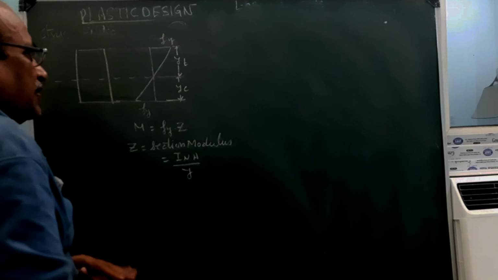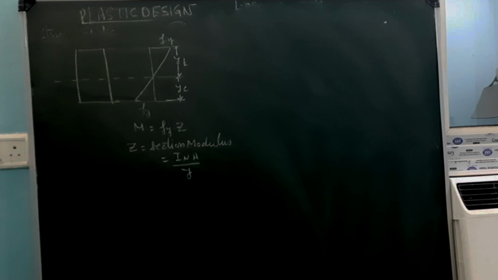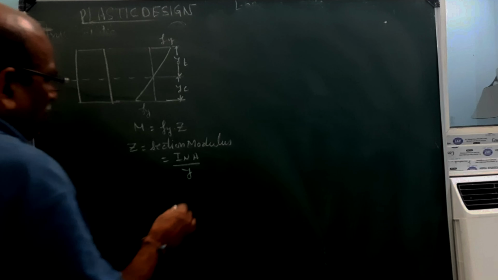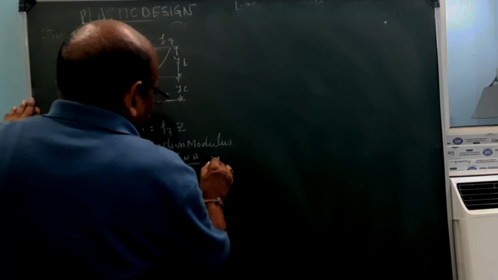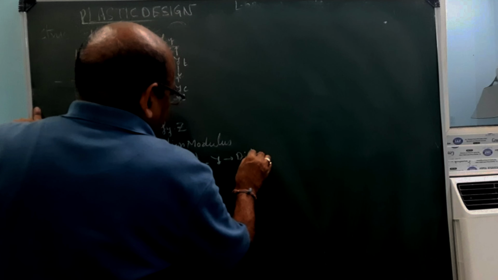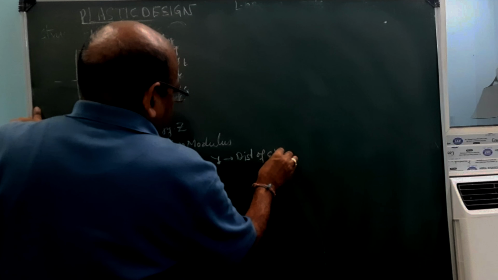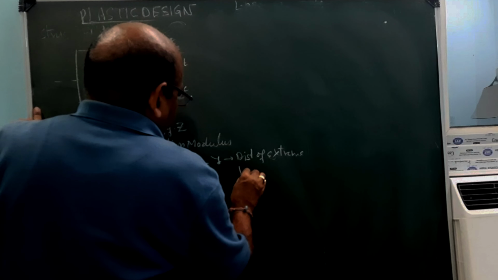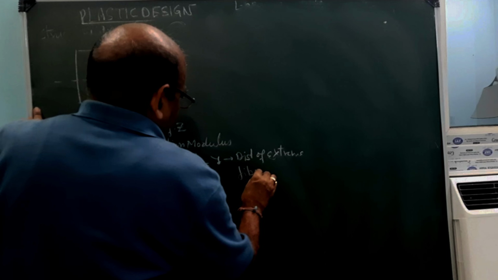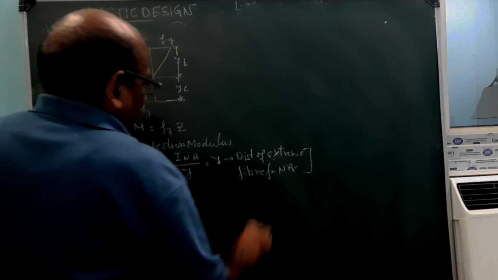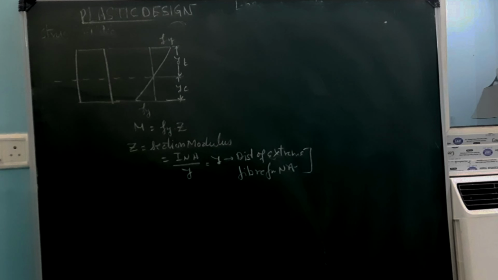Maybe like this. So yt, the y, is the distance of extreme fiber from neutral axis. So neutral axis, this is your what.